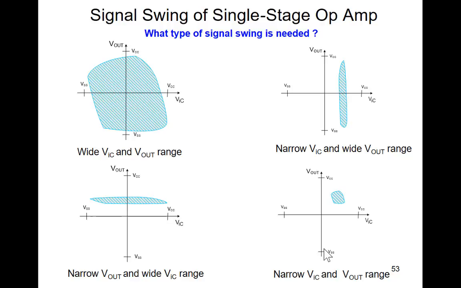And this structure here doesn't have much range on either the input or the output. Can we conclude that the one on the upper left is much better than the one on the lower right? Depends on the application. Would we ever need something like this that doesn't have much signal swing on the input and doesn't have much signal swing on the output? What are you trading? Well, it depends on the application.